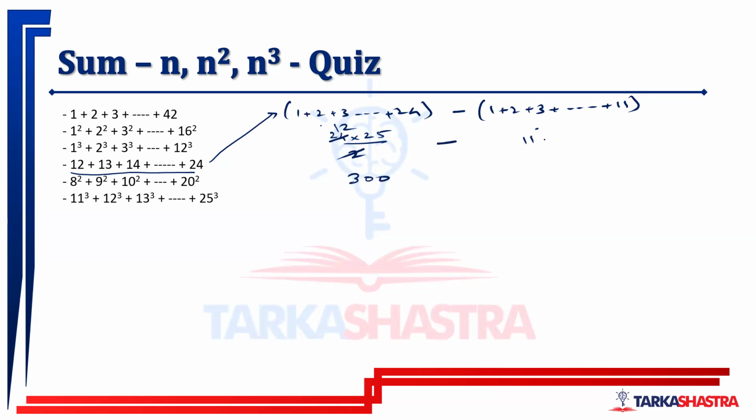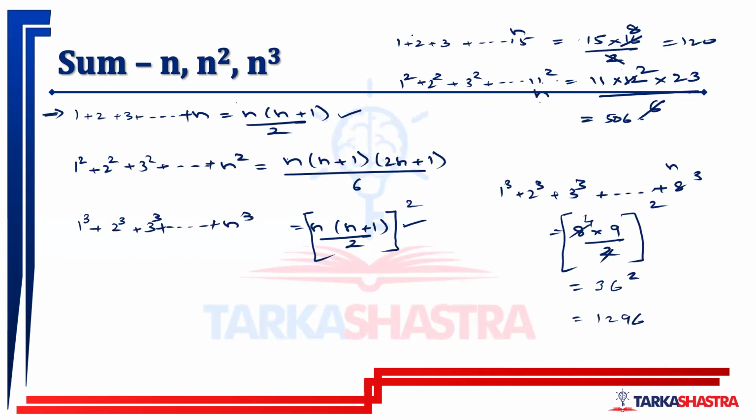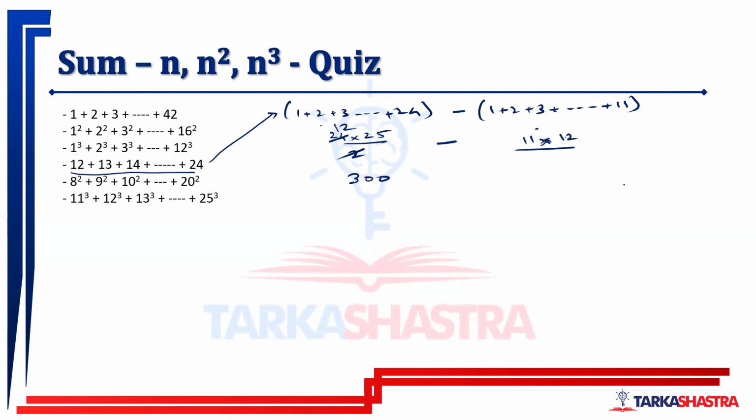Minus, here it will be 11 into 12, and n into n plus 1 divided by 2 is the formula that I am applying. 11 into 12 divided by 2. So 2 ones are, this is 2 6s are. So minus 66. So my final answer is going to be 234. It is that easy. You just need to eliminate those numbers properly.